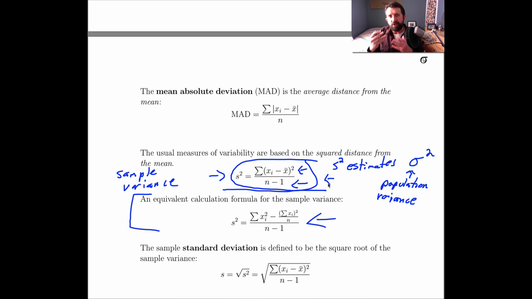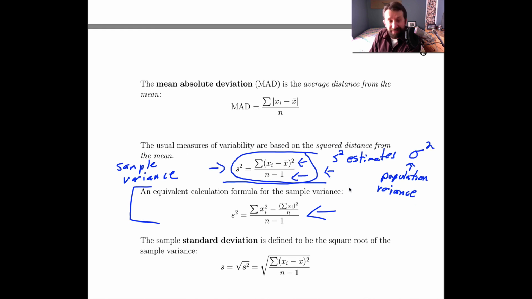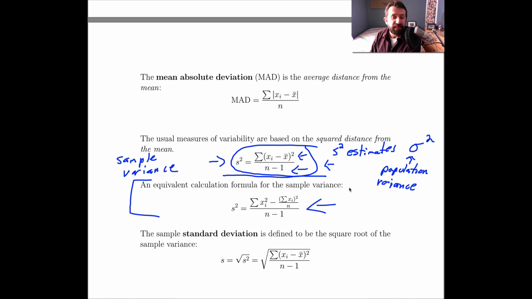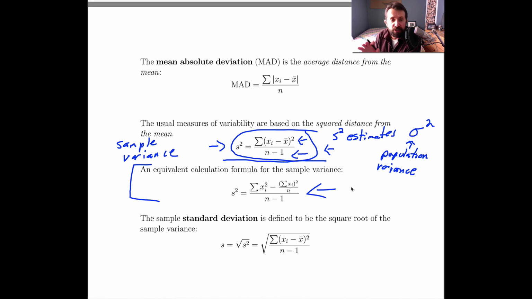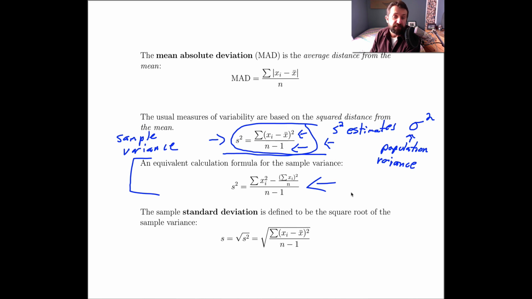So we want to get it back on a level playing field. Let's get it back to having the same units as the original observations and the sample mean. And we do that by taking the square root. And we call that thing the sample standard deviation. So our definition of the sample standard deviation is simply the positive square root of the sample variance. We take the sample variance, we take the square root. So that's what that is.